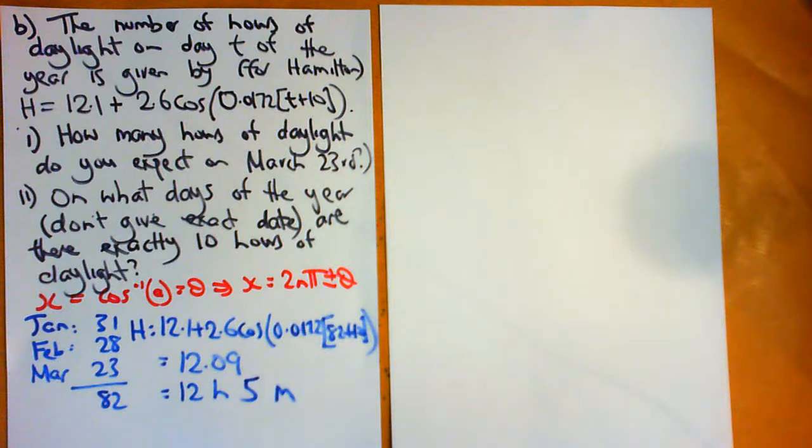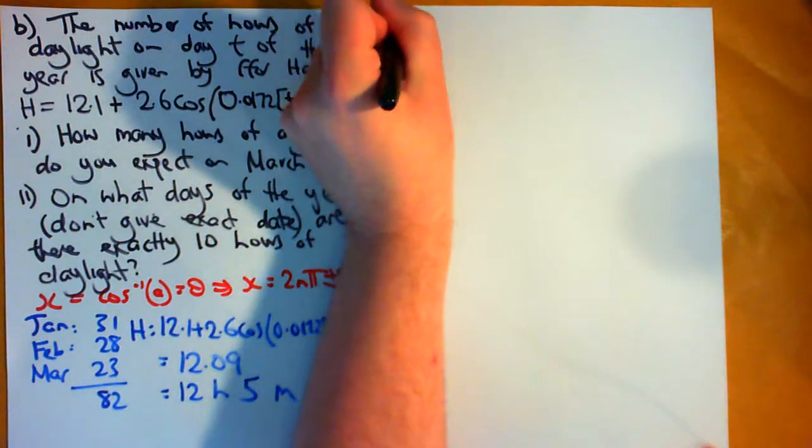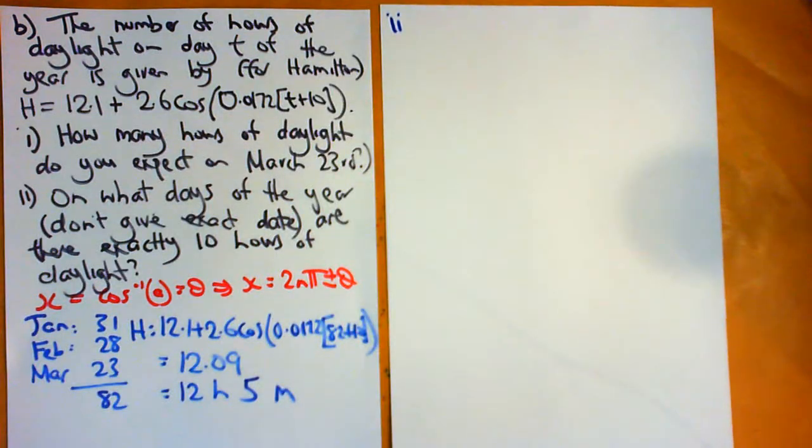Now part 2, we need to work out on what days of the year there are exactly 10 hours of daylight. First of all, that is well below the average number of hours of daylight, which would be a little over 12. So we would expect this to be in winter, which for New Zealand would be roughly mid-year.